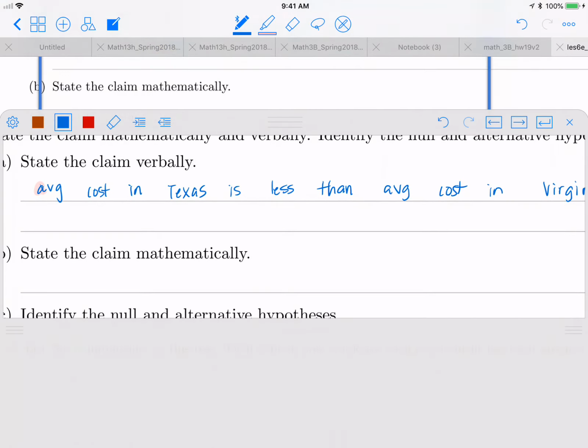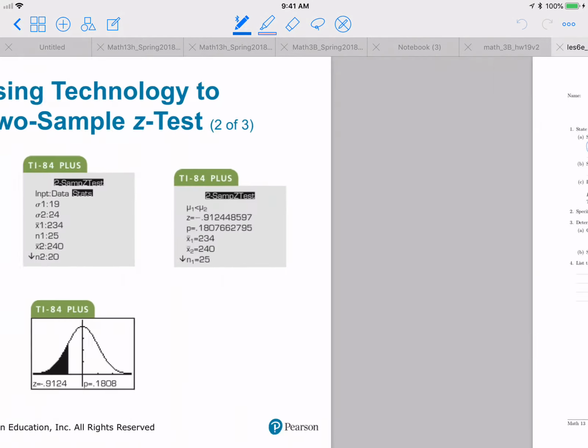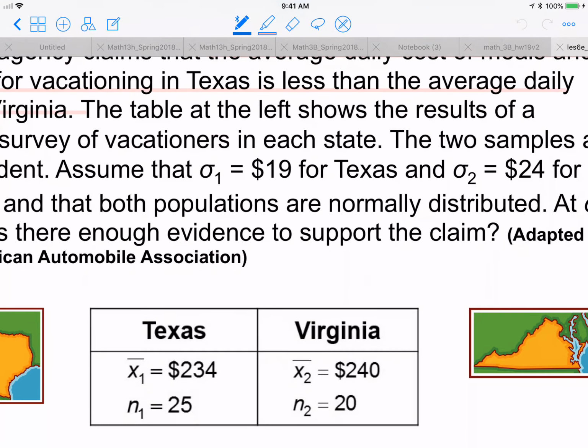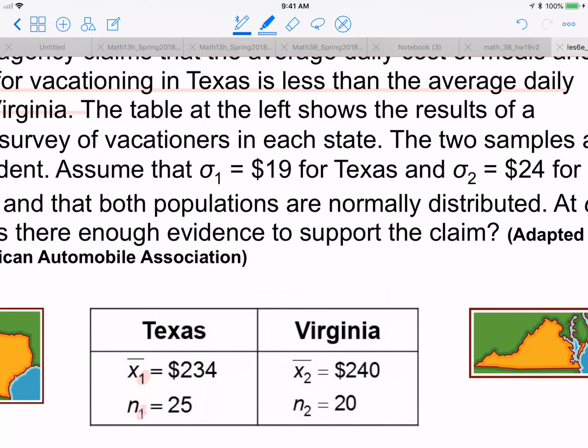Now to translate mathematically, average cost in Texas. Based on our notation here, do you see how everything involves 1: x bar 1, mu 1, and n 1? So mu 1 must be the average daily cost in Texas.